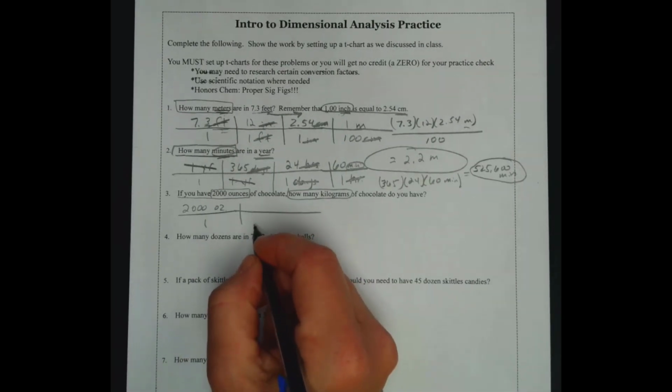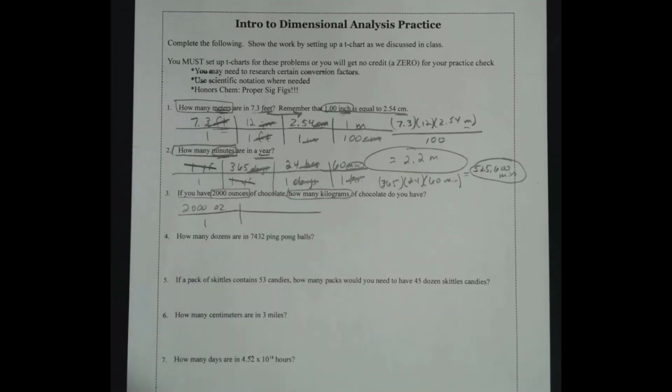Now, do I have a relationship between ounces and kilograms? I do not, so I'm going to have to do a little bit of research here, okay? But I do have a relationship with pounds and ounces, or I could look up kilograms.